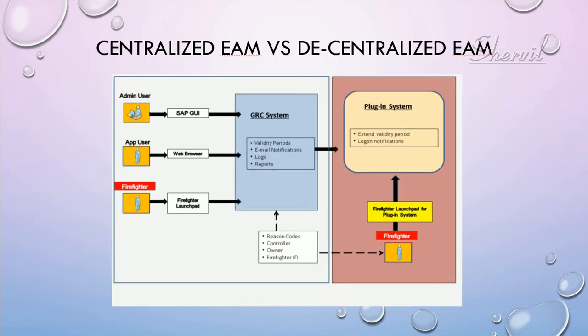And as that transaction runs locally, this also requires users to have accounts in the relevant plugin systems in order to perform firefighting. What that means is, in a centralized system, the actual user IDs of the firefighter users need not exist in the plugin system.